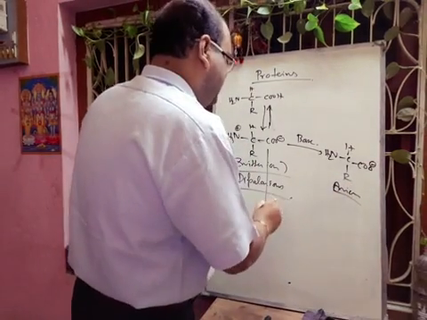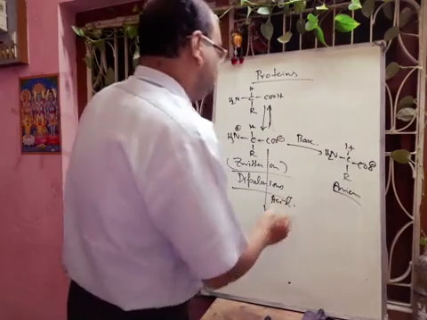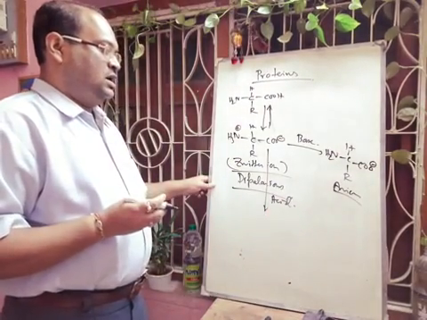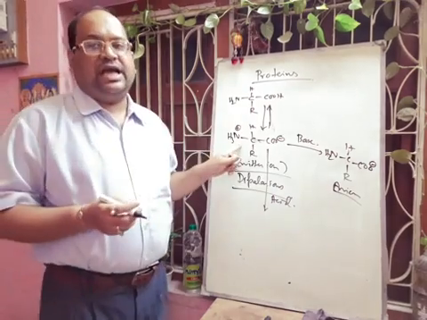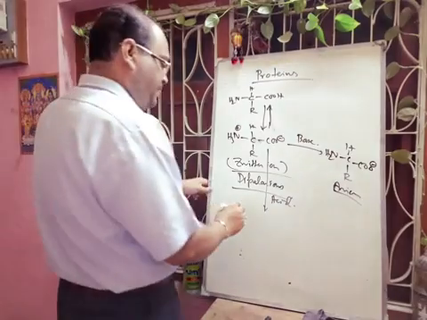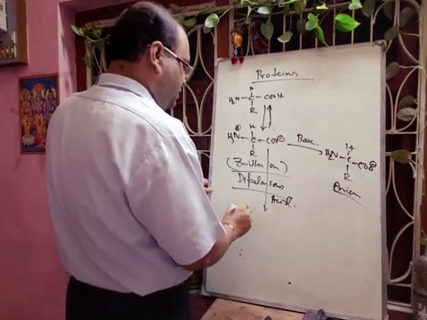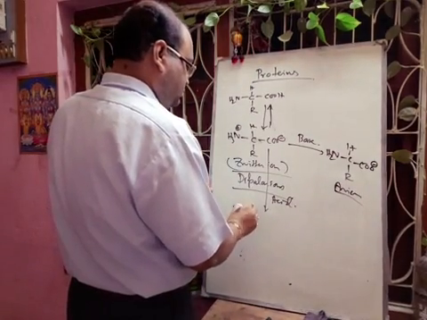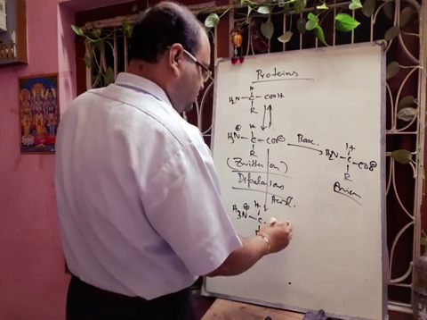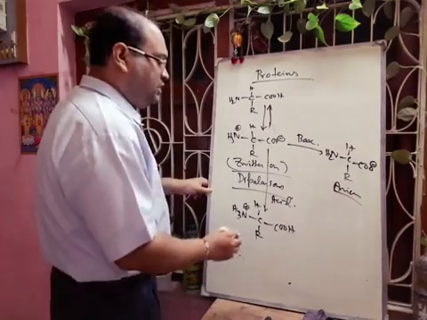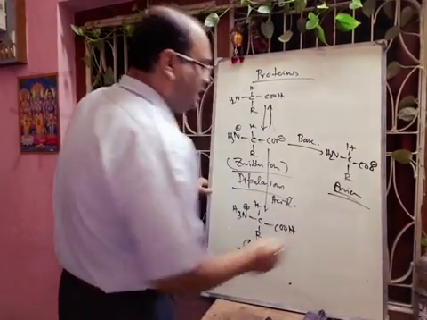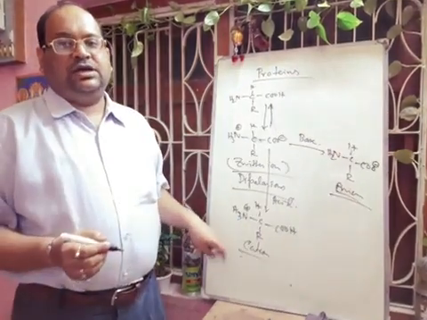And if we add acid, then this zwitterion will definitely be protonated. Now this becomes a cation. So this one is one anion and this one is one cation.